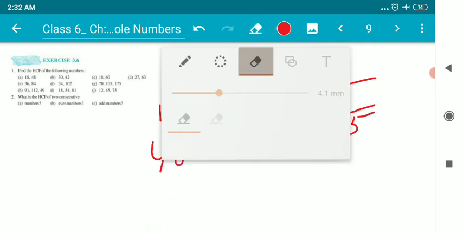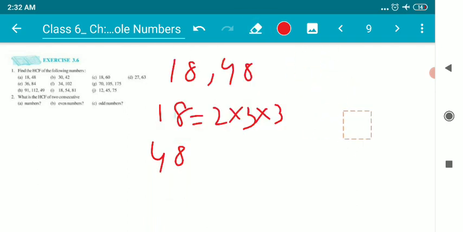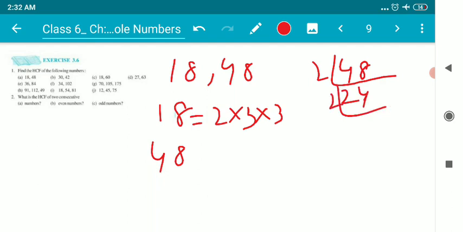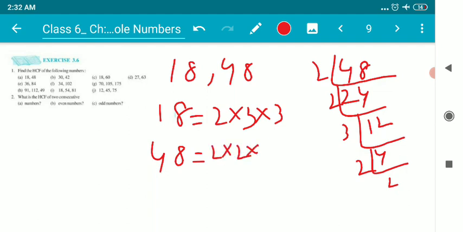Next number is 48. So I'm going to find the prime factorization of 48. 2 24s are 48. 2 12s are 24. 3 4s are 12. 2 2s are 4. So 48 is equal to 2 into 2 into 2 into 2 into 3.